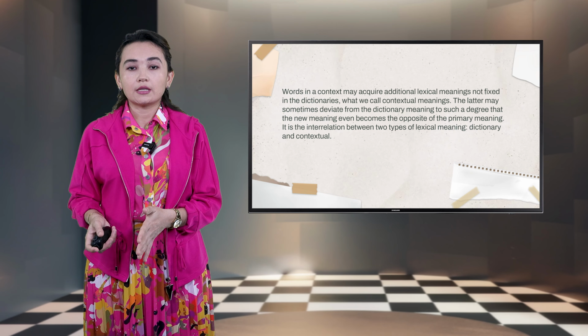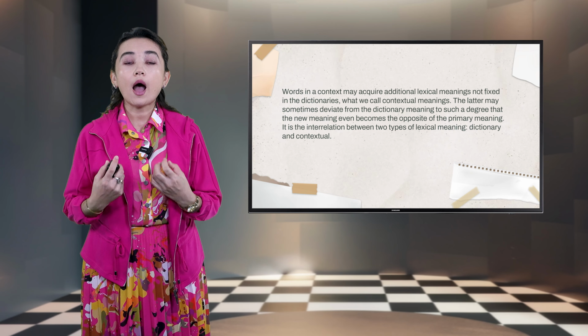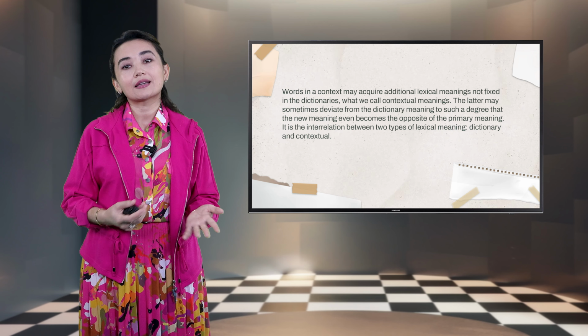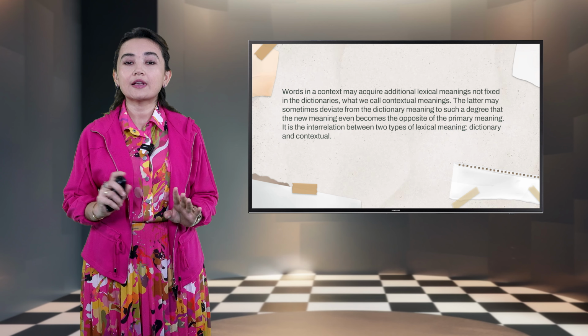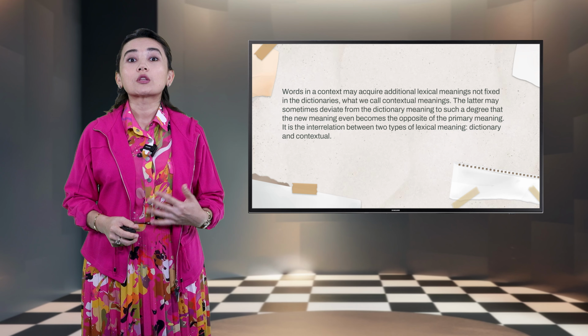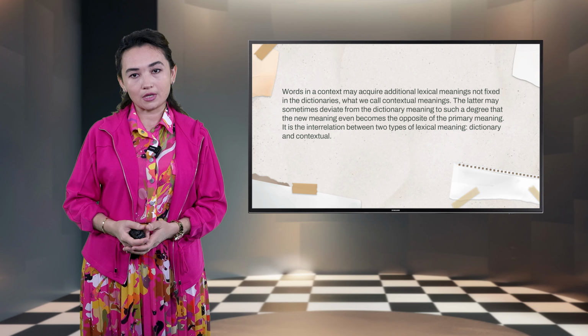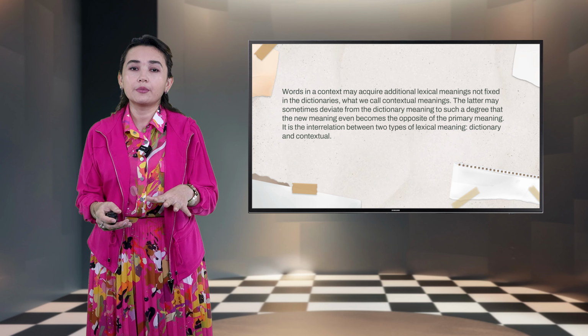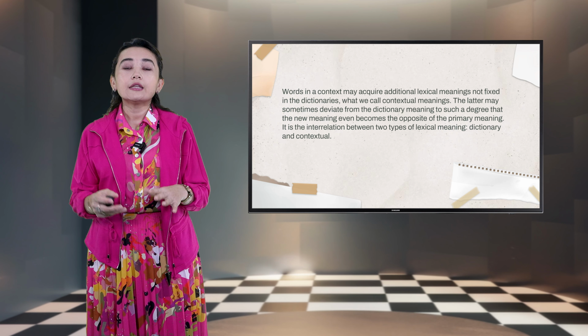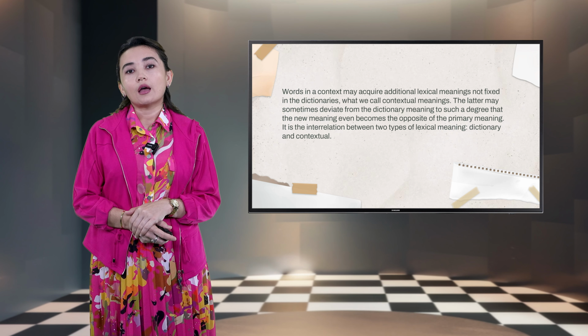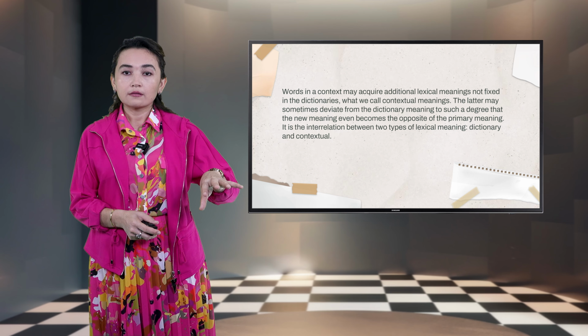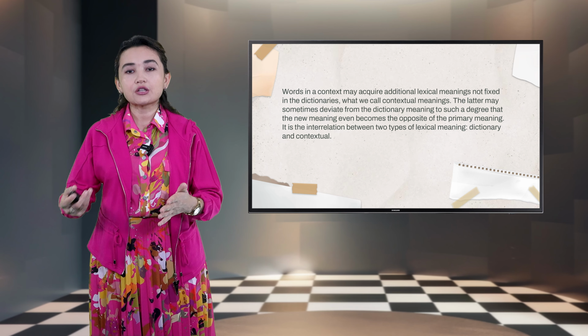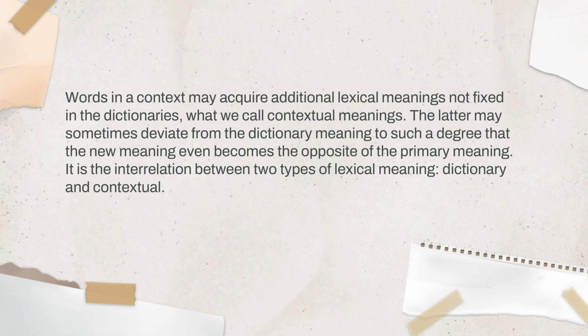Words in a context may acquire additional lexical meanings, not fixed in dictionaries, which we call contextual meanings. So let me be clear: in context, in text, words can acquire additional lexical meanings not fixed in dictionaries, like for example, table.